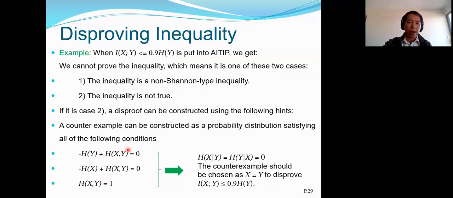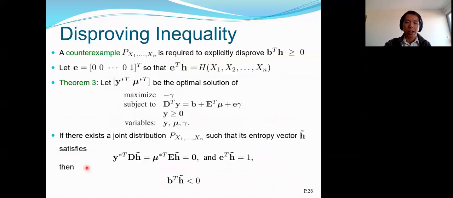So what happened in the program is that if we plug in this inequality, it tried to solve the linear program here, okay? And it doesn't have any equality constraint in this case, so we can forget about mu. And it gets a vector Y. Again, the vector Y, that is the feasible solution, we call it Y star, okay? The Y star has a lot of 0, except 2 places.